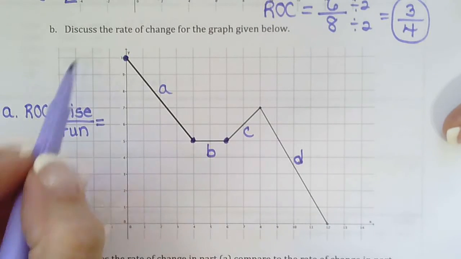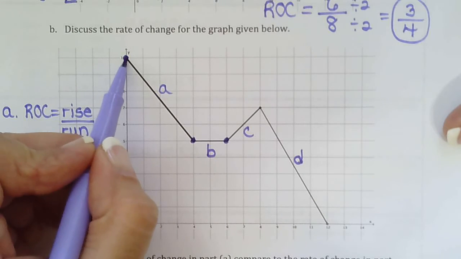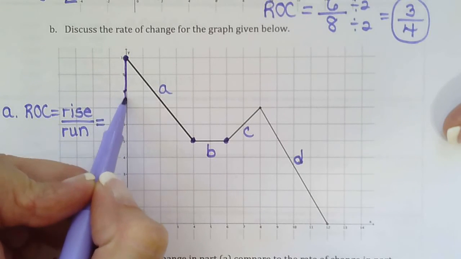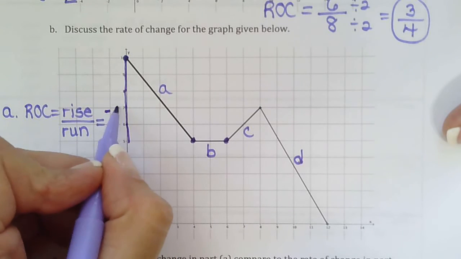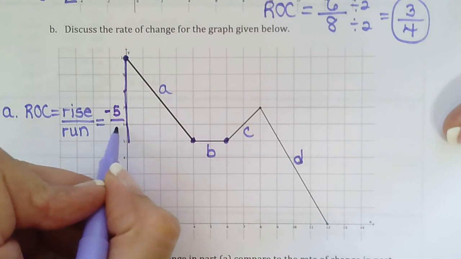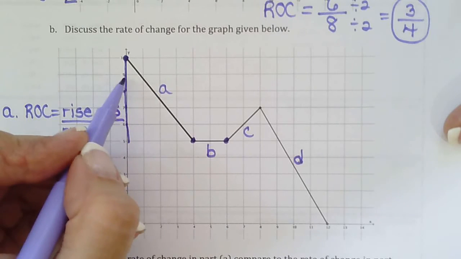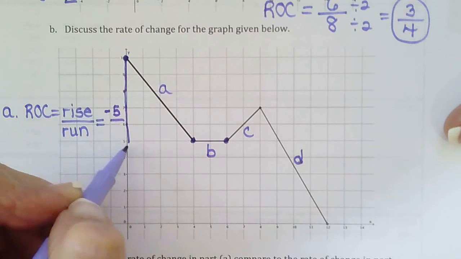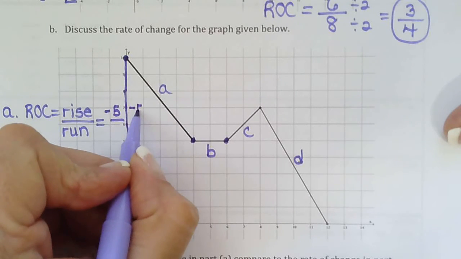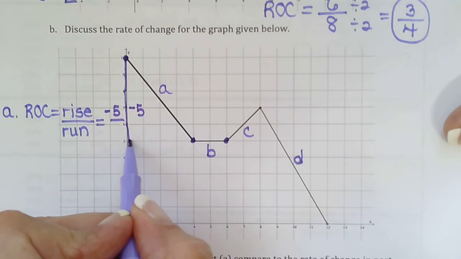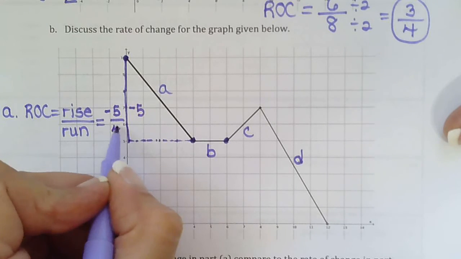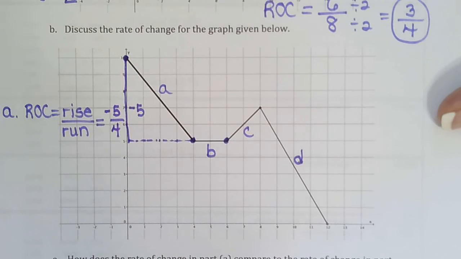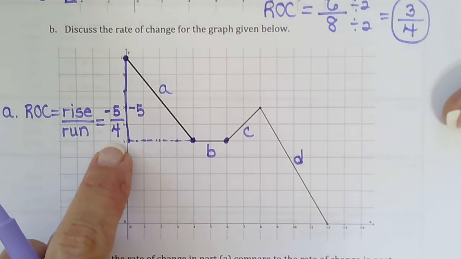Traveling from left to right, I first rise, so go down 1, 2, 3, 4, 5. When I go down 5, that makes it negative 5. Then I'm going to run 1, 2, 3, 4. So down 5, run 4. Did that meet our prediction that it would be a negative slope? Yes.